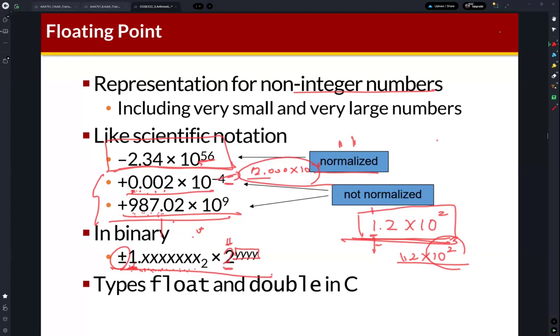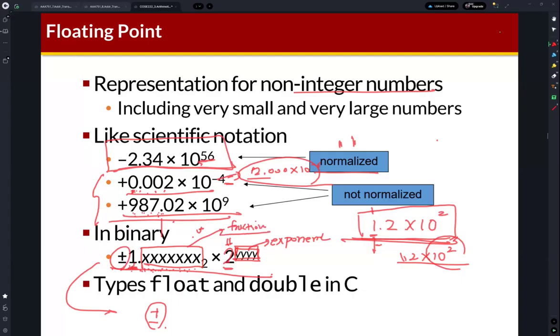So in order to represent the floating point number, what data are required? Firstly, the sign, plus or minus, and then this data and this data. So this part is called the exponent, and this part is called the fraction.